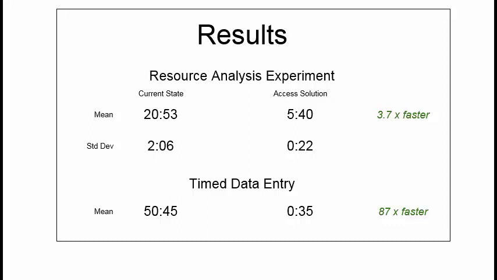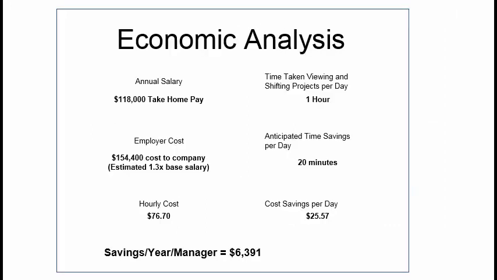While it's difficult to quantify these results, we know the average salary for a scheduling manager at the firm is $118,000. This costs the company on average around $154,000, an hourly rate of $76.60.